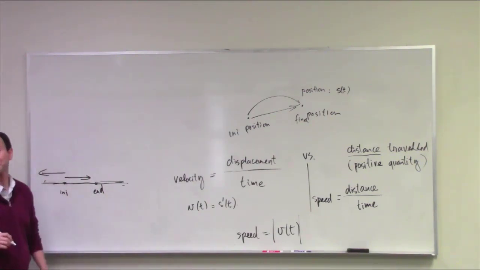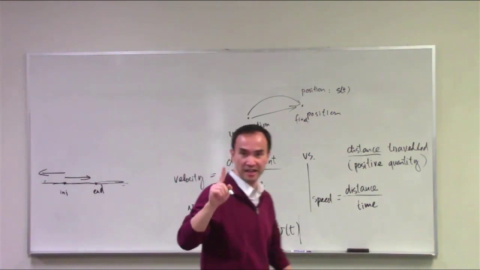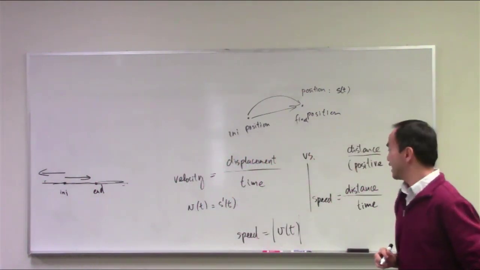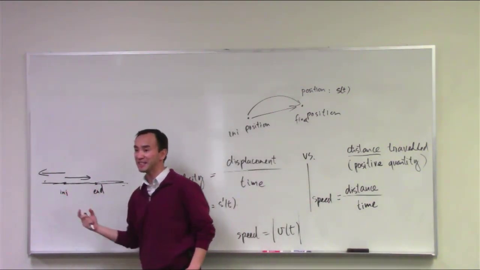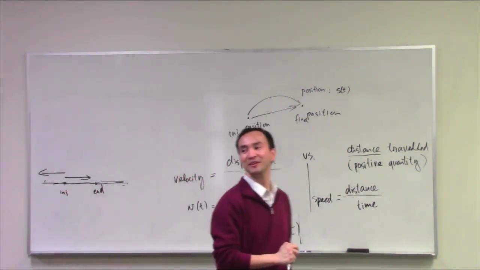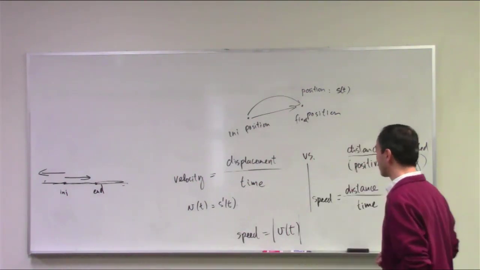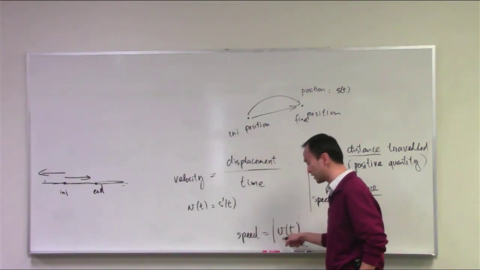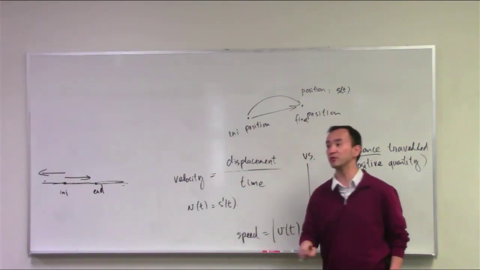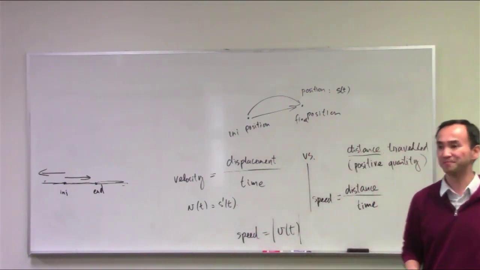See what I'm saying there? So that's velocity, it has direction involved. But speed, no matter which way you go, we just want to find out physically how much distance you're making over time. So at the most basic level, speed is related to velocity in that speed is the absolute value of your velocity function. See what I'm saying there?